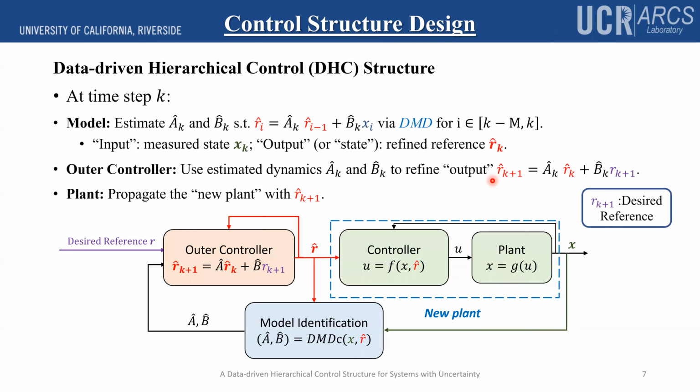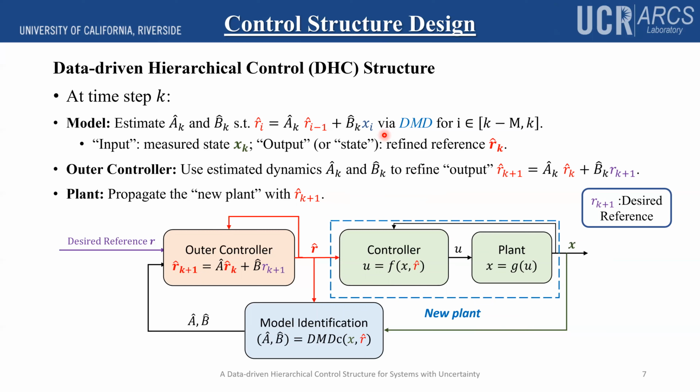So at each time step K, we will do the following three steps. Firstly, we will learn the relation with the dynamic mode decomposition. Then this learned dynamics will be used in the controller to refine the reference. Then the R hat will be given to the plant to propagate the system.